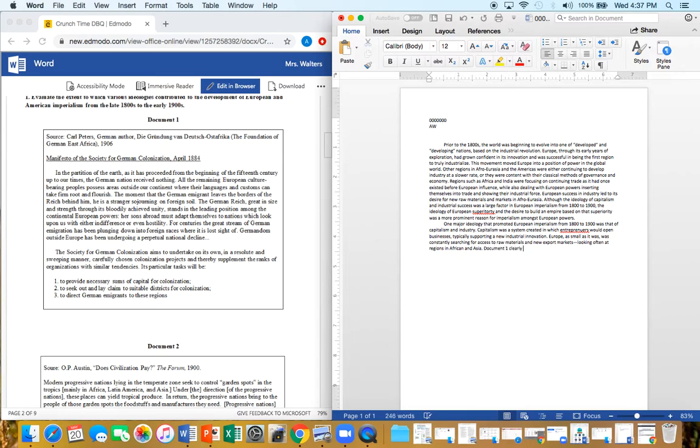Document 1 clearly supports this ideology as it discusses the need for Germany to gain imperial possessions, not just to compete on a European level, but to gain the necessary supplies for a strong capitalist country.